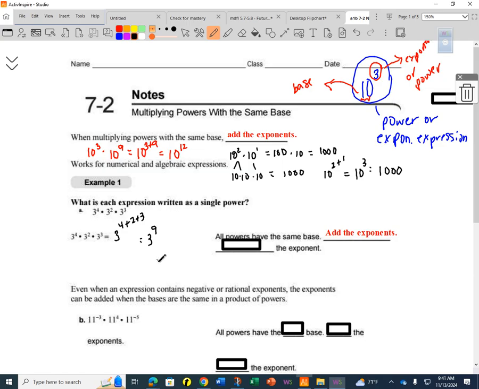And now we can use our calculator, and we'll see that that's 19,683. And that's what we simplified here. So we added the exponents here, and then we simplified here. Any questions?